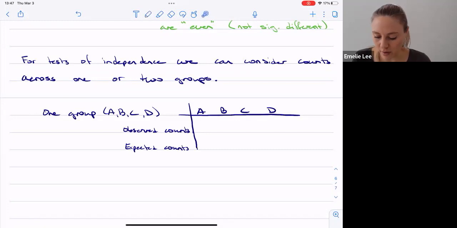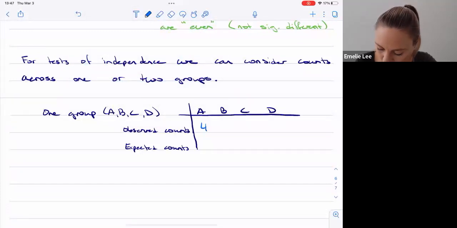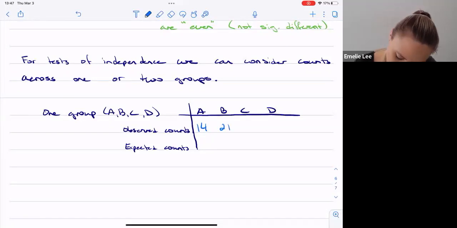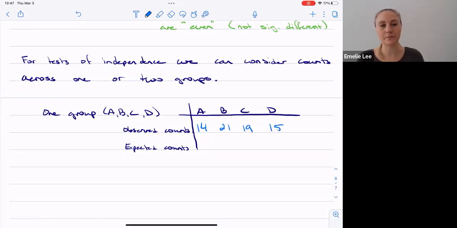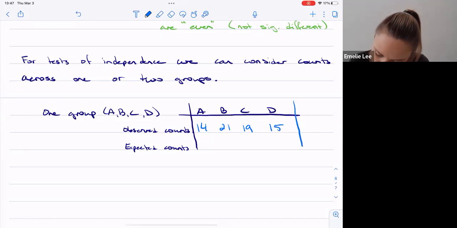So from your hypothesized value, if we have an observed count of, sorry, I should do 14, 21, 19, and 15, then my total here is going to be 14 plus 21 plus 19 plus 15 is 69.